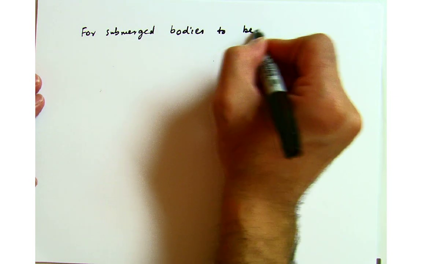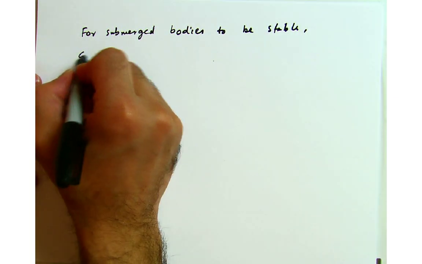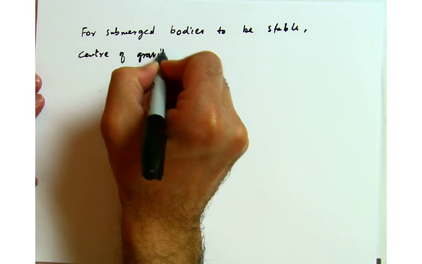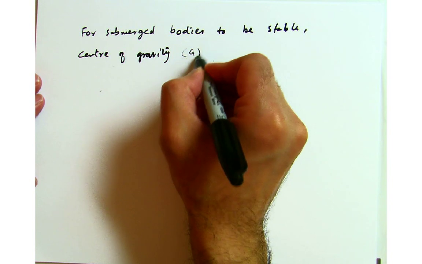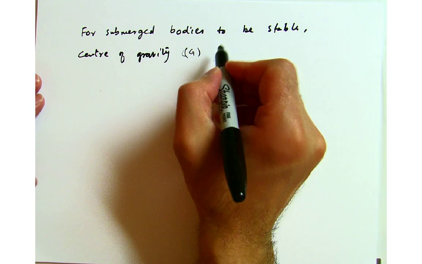For submerged bodies to be stable, the center of gravity, which I am representing with G, should be lower than the center of buoyancy.